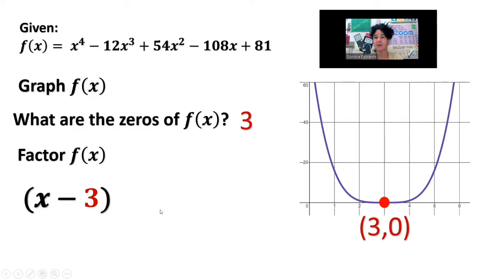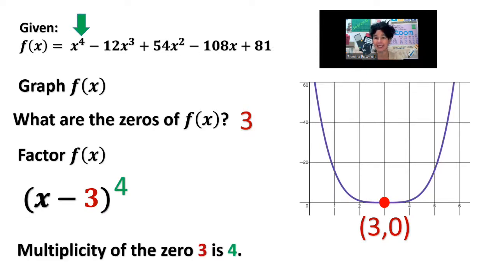We could have some imaginary roots, but in this particular case, the exponent on x minus 3 is to the fourth power. If you multiplied x minus 3 times x minus 3 times x minus 3 times x minus 3, you would have this function right here. That brings us to what is multiplicity.